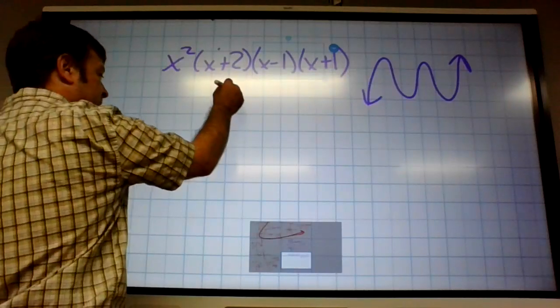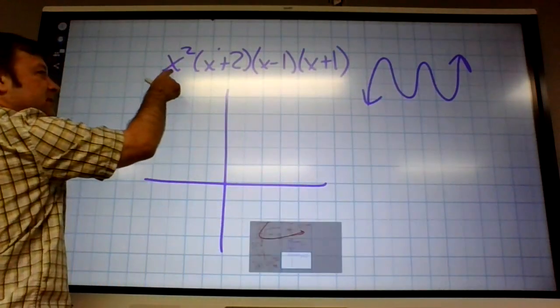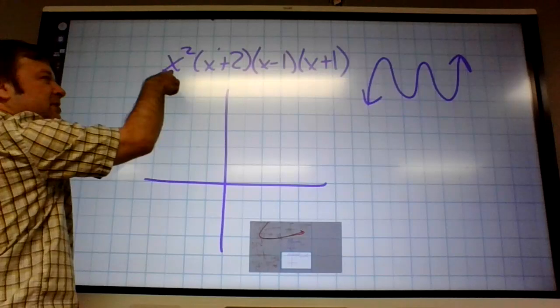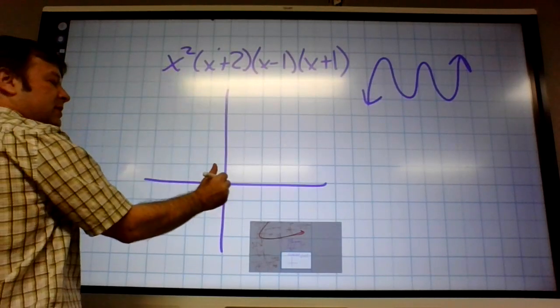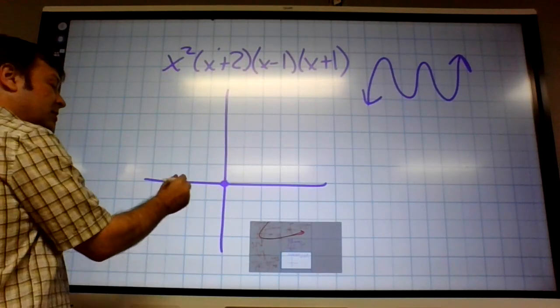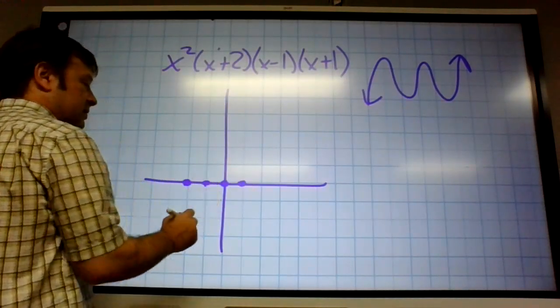All right, but 0 is a what? Double root. It's a double root, which means it's going to bounce at that point right there. So you have to be careful when you draw. So -2, +1, -1.